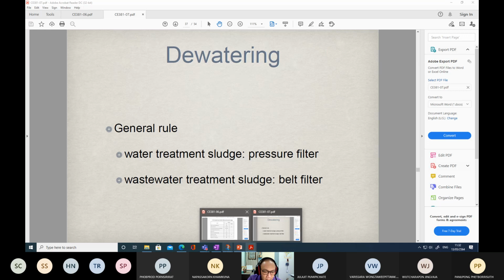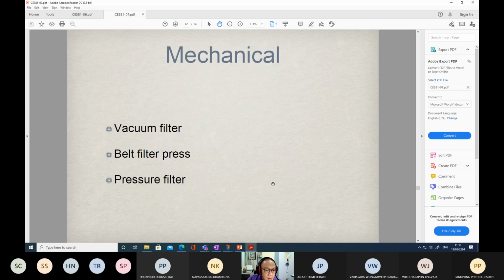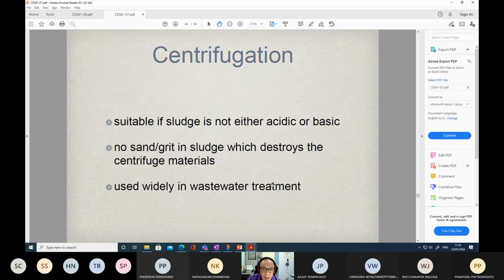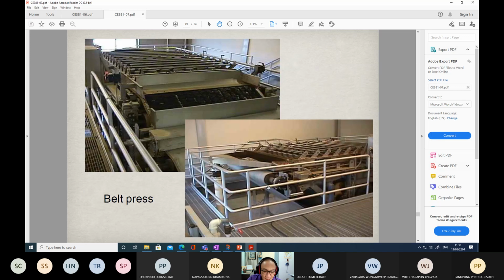So what is the belt press and what is the filter press? Centrifugation. Okay.